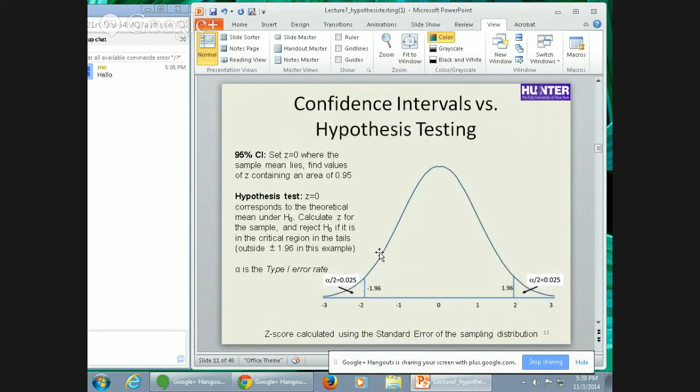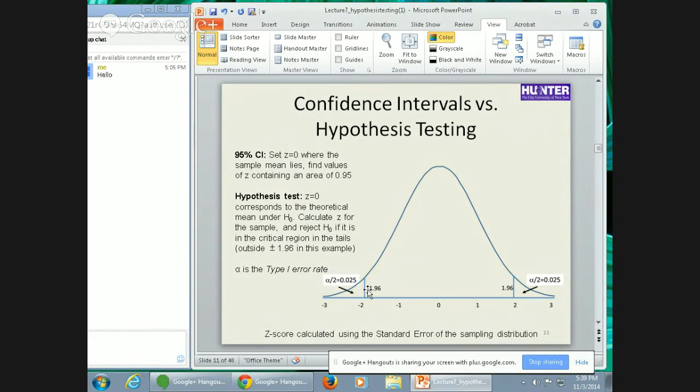So, as I mentioned, the confidence intervals can be used as an equivalent to hypothesis testing, at least in the case where it's a one-sample test or where the confidence interval is on a ratio, as we saw with the risk ratio, so that there's a single point that we're comparing it to, like a risk ratio of 1.